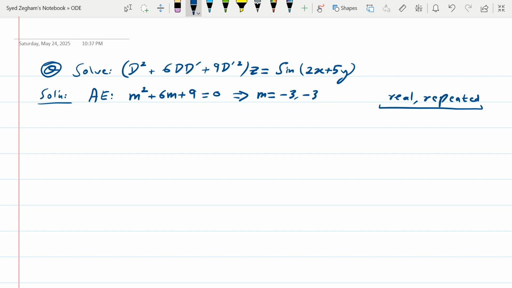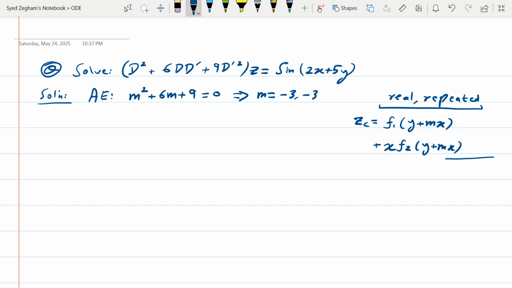So in this case, our complementary function zc is given as some function f1 of y plus mx, plus some function f2 of y plus, again it will be mx because you are getting the same value, and because the values are repeated, we will multiply the second function with x.